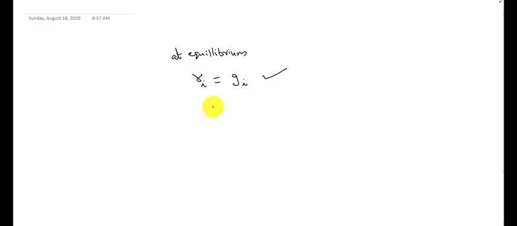Also, these processes are temperature dependent. So at any temperature, the recombination rate Ri will be proportional to the product of electron and hole concentration.